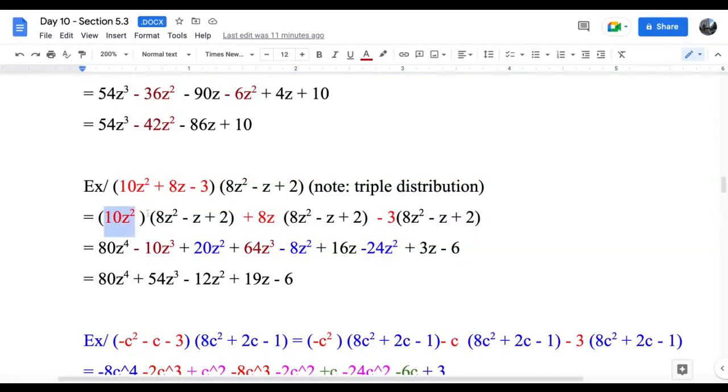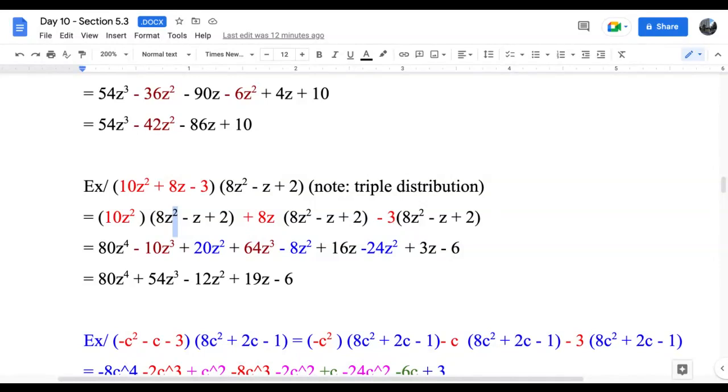If we do 10z² times 4z², we multiply number with number. We're looking for the same base. So this base is z, this base is z. So how do we multiply them? We just get z raised to 2 plus 2. We add up their exponents, which is z to the fourth power. Does this make sense? Understood.